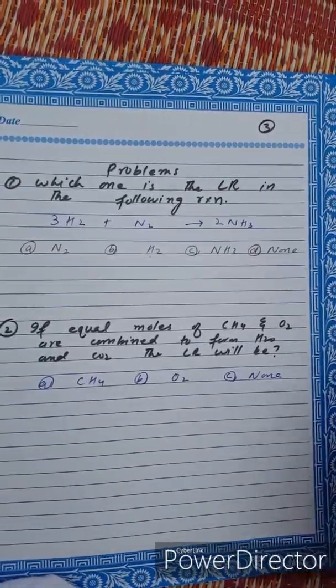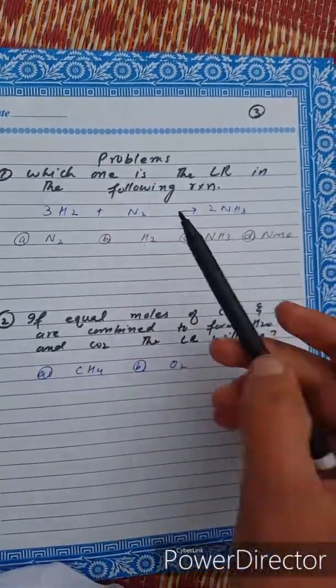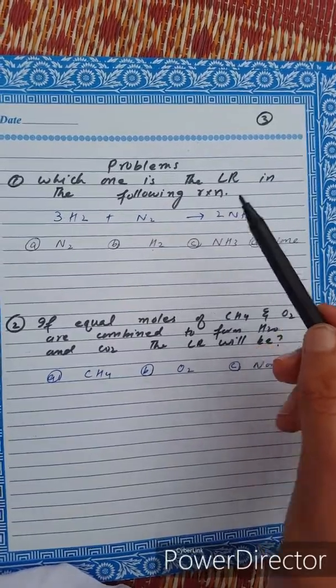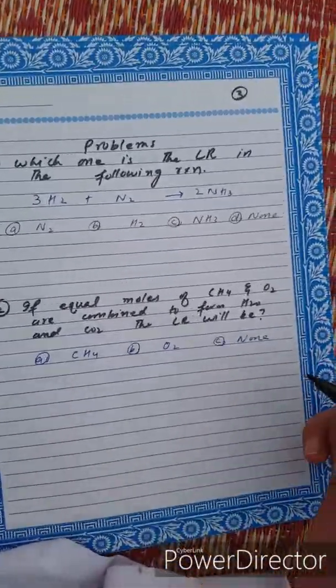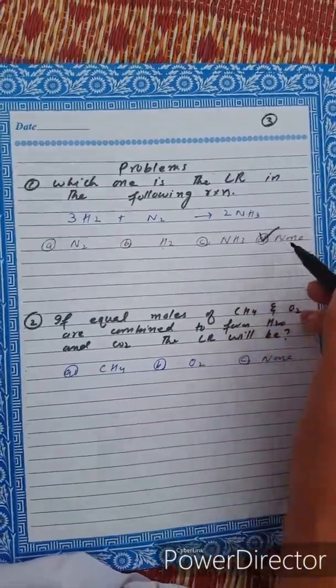The problem is, which one is the limiting reagent in the following reaction? The reaction is given to us and it is asked which one of the following is the limiting reagent. So remember that in this reaction none of them is the limiting reagent. Why? Note it.